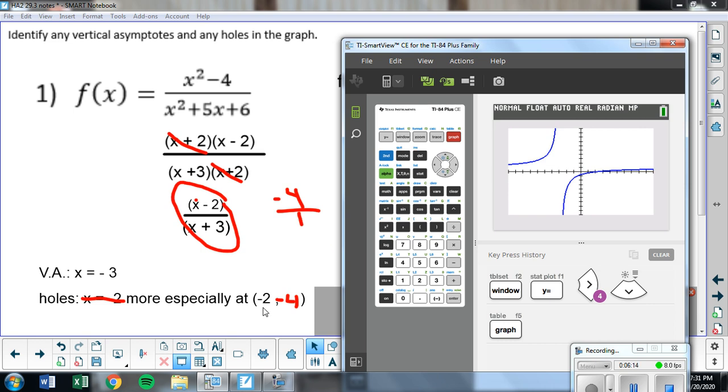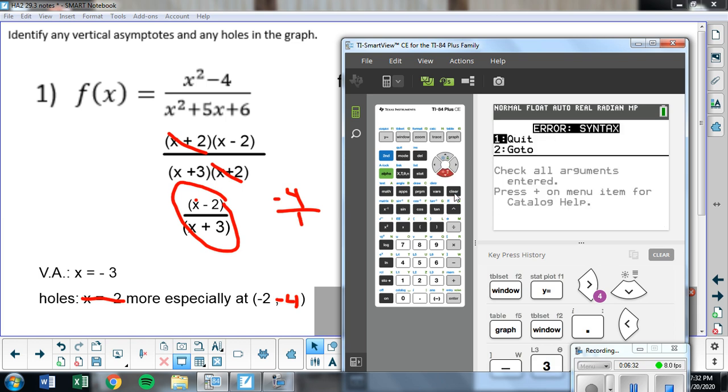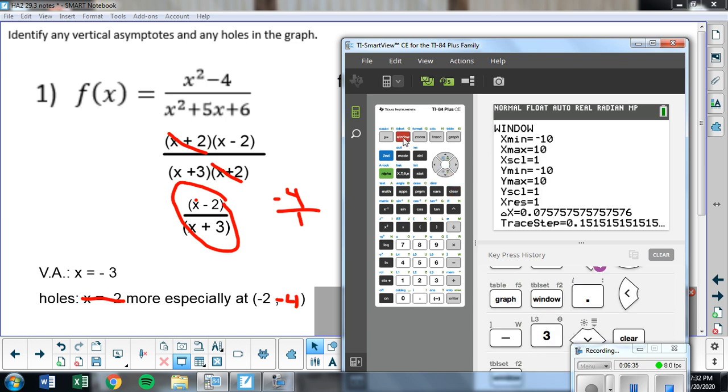It says -2, -4. Well, at -2, I don't see an asymptote there. But watch what happens when I zoom in. Let me go to a window of -3 to -1.